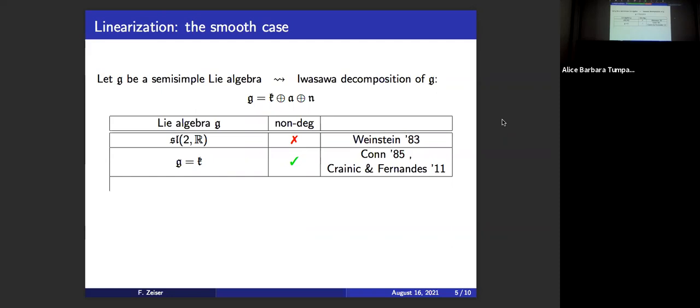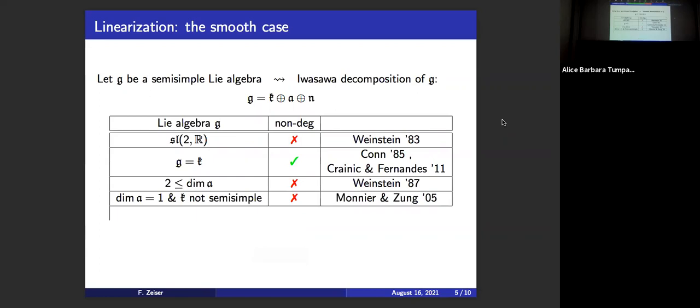And then the next results were again negative results by Weinstein and Monnier and Zung. They showed that if the dimension of A is at least 2, or if the dimension of A is 1 and K is not semi-simple, the compact part non-simple, then one cannot always find such a diffeomorphism, which leaves us with the case where the dimension of A is 1 and the K part is semi-simple. The lowest dimensional example of such a Lie algebra is that of SO(3,1).